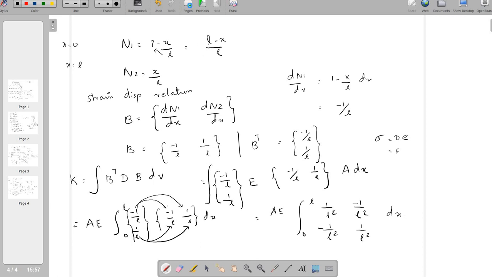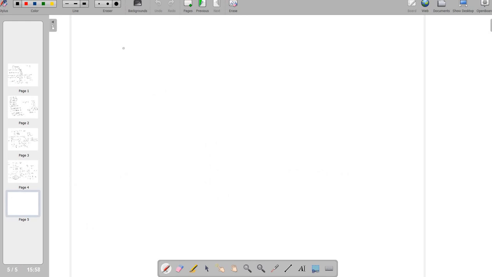In the next step, dx is integrated as x, so it remains as the matrix of 1 by L square, minus 1 by L square, minus 1 by L square, 1 by L square, with x from 0 to L.